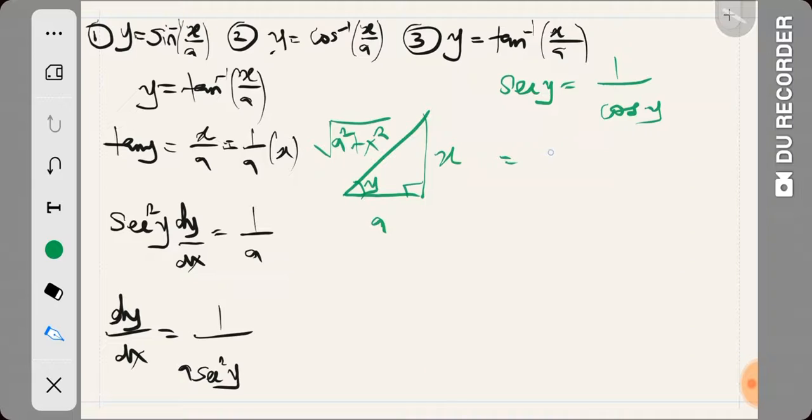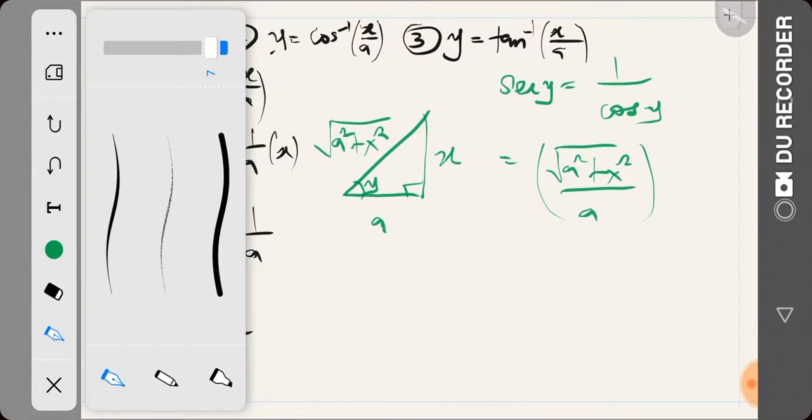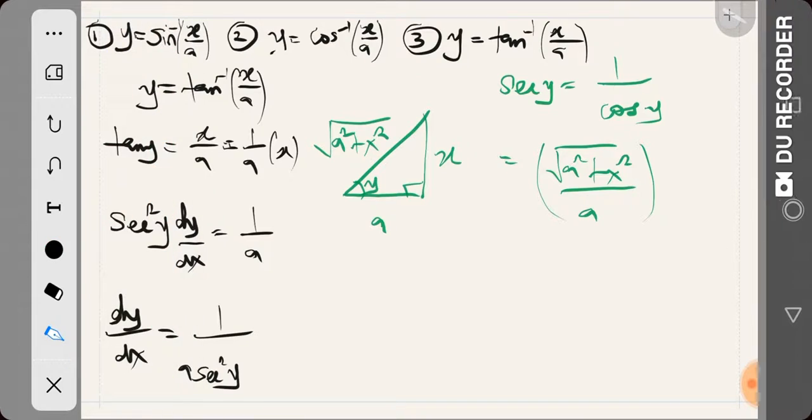So sec y will be the hypotenuse, root of a² plus x², over adjacent, which is a. So that is sec y. Now sec squared will be everything here, then squared. That means let's rewrite this.